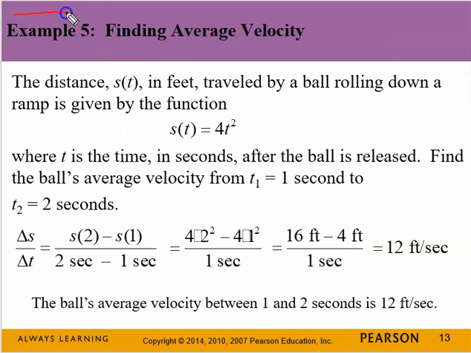In example 5 now, we're looking at finding average velocity. But again, we're using slope. And we have a ball that's traveling down some sort of slope. This is our major function. They're asking us from 1 to 2 seconds what is the average velocity?